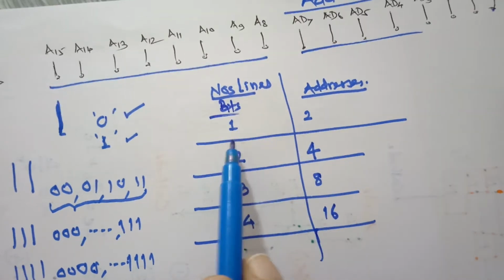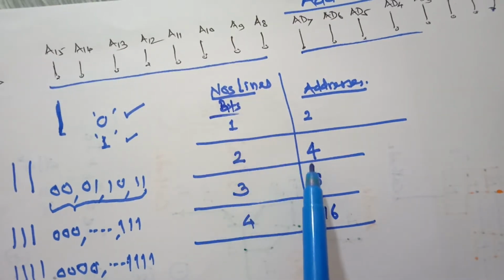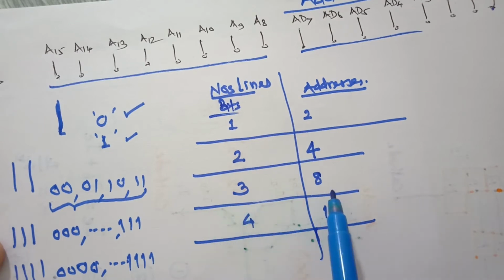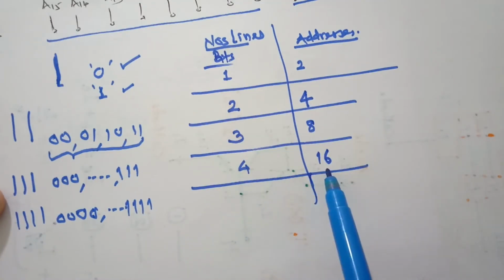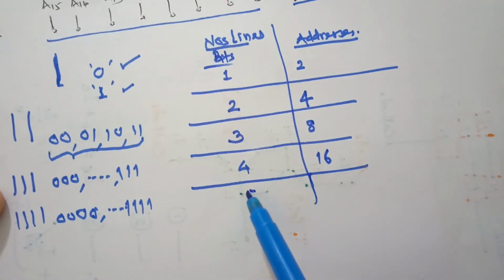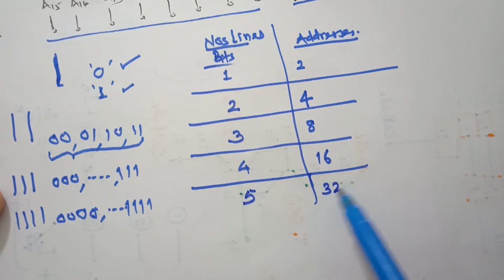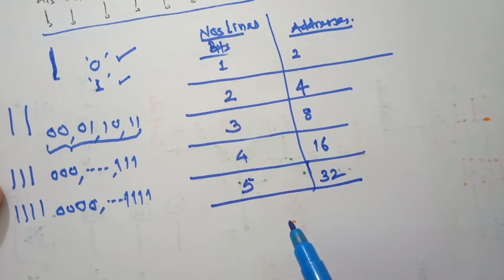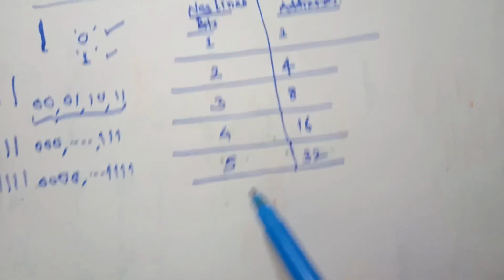So with 1 bit you can have 2 addresses, with 2 bits you can have 4 addresses, with 3 bits you can have 8 addresses, with 4 bits 16, and so on. With 5 there will be 32. Is there any relation?